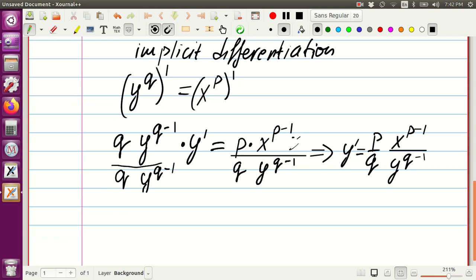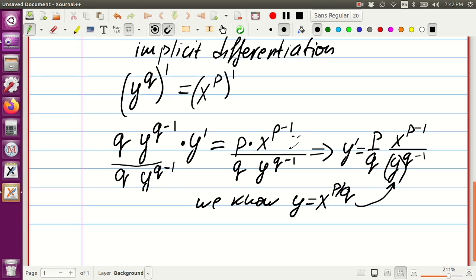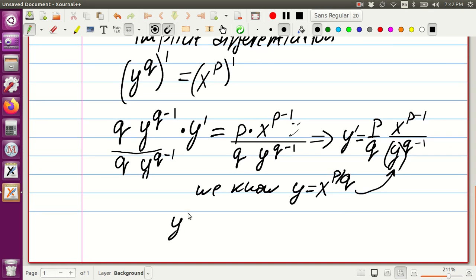So now what do we know about function y? We know that y is equal to x to the p over q, and so we're going to plug it in for y over here. What do we get? We get y prime equals p divided by q times x to the p minus 1 divided by x to the p over q raised to the q minus 1.